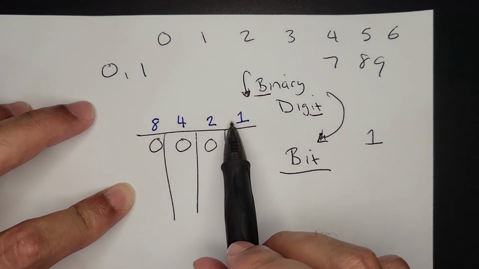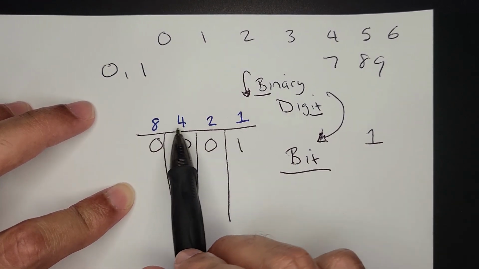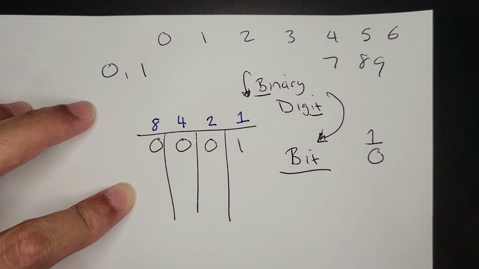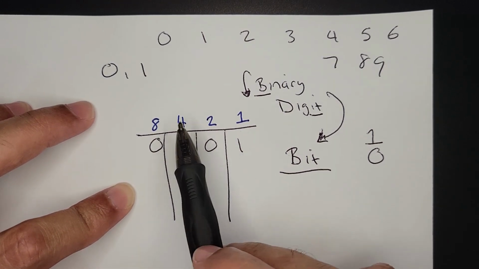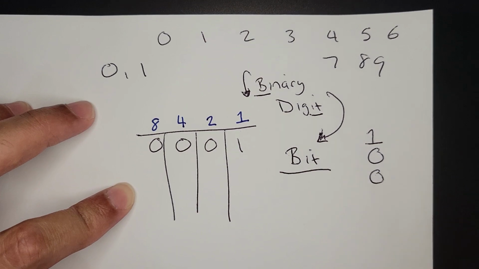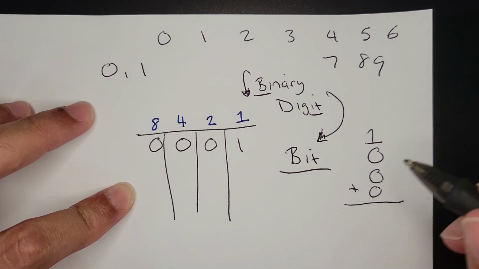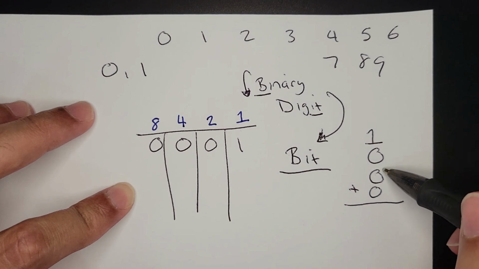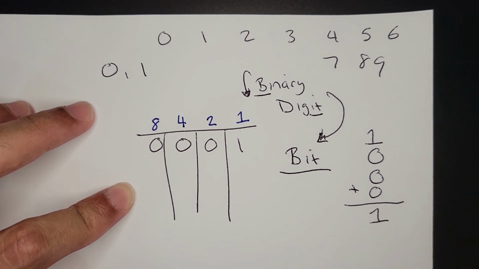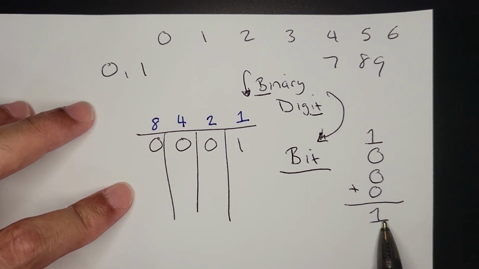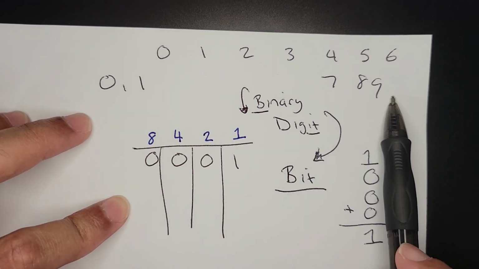We write his value from the row above his head. The guy at the 2 value is not raising his hand, so he gets a 0. The guy in the 4 value is not raising his hand, and the guy in the 8 value is not raising his hand. Add these up together. 1 plus 0 plus 0 plus 0, it's very simply 1. So 0001 is the same as saying 1 using the decimal system.